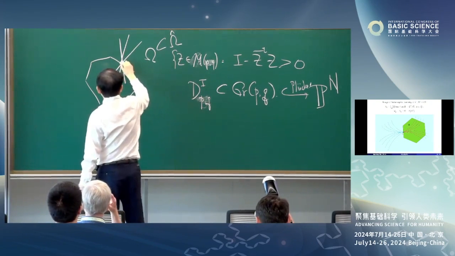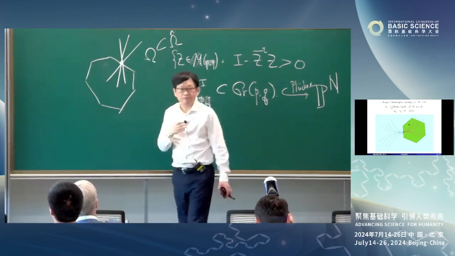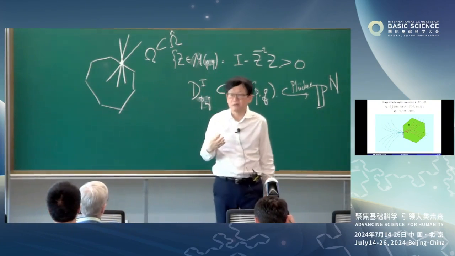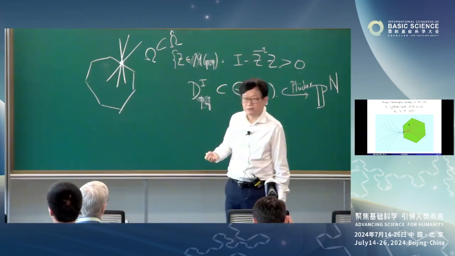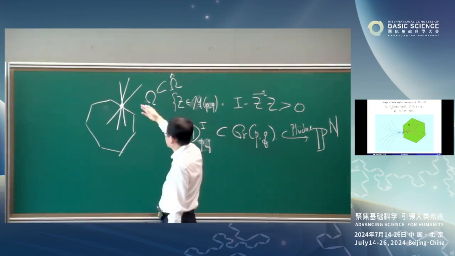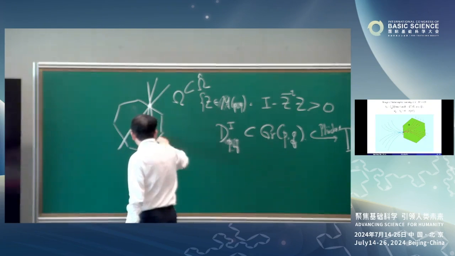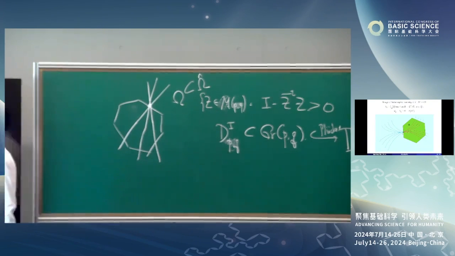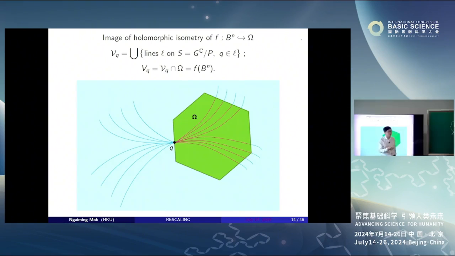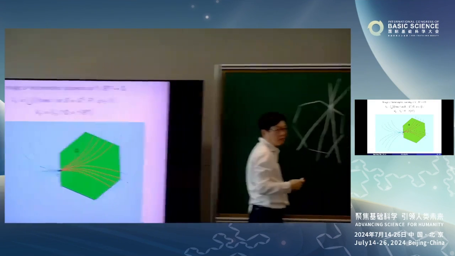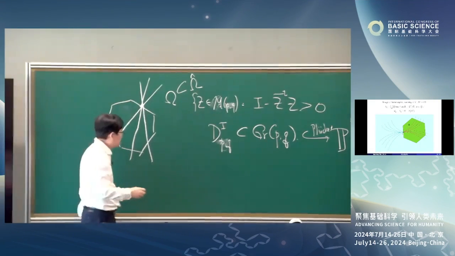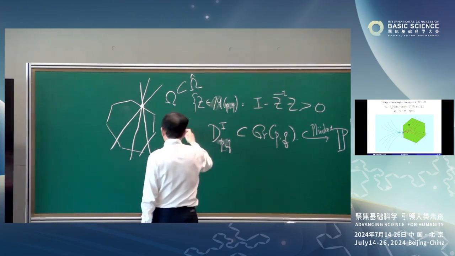Now, note that an affine line may not be a minimal rational curve. Only certain of them are the minimal rational curve. You just take this set and take the union, and then you intersect with omega. What you get would be actually a minimal disk. So you get a union of minimal disks. And the statement is that this union of minimal disks is actually an isometric copy of the p plus one dimensional ball.